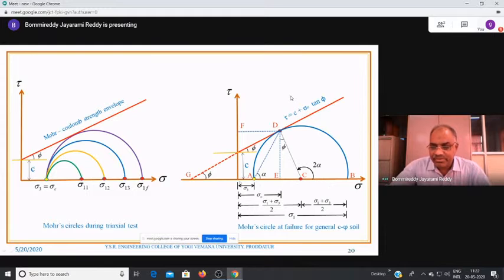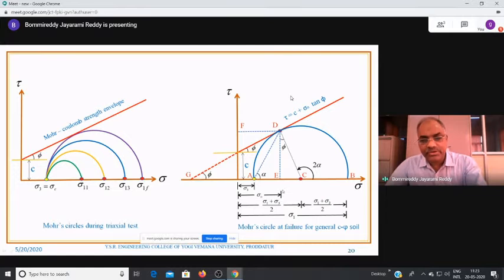Or otherwise, from the origin O to the center C, what is O to C? O to C is nothing but sigma 1 plus sigma 3 by 2. And similarly, the radius CB is nothing but the radius of the Mohr circle, which is equal to sigma 1 minus sigma 3 by 2. So these are the various parameters in terms of sigma 1 and also sigma 3.